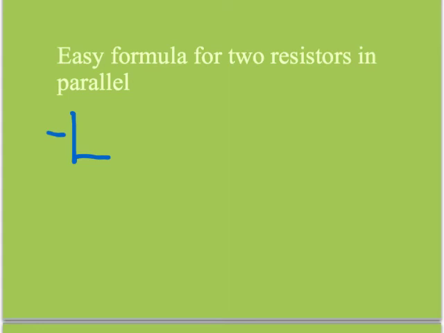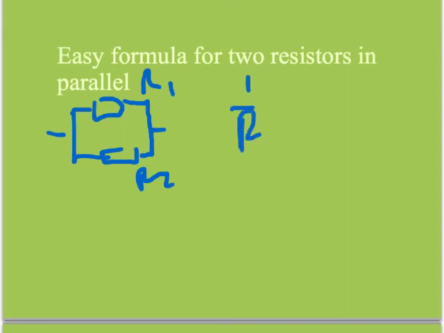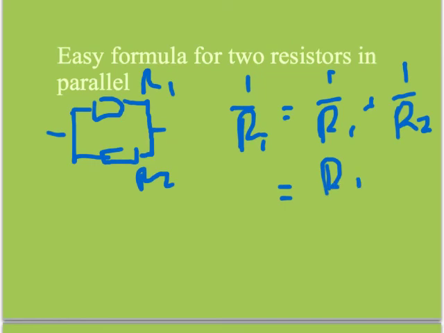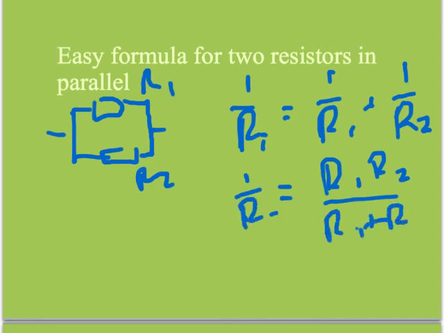If you had two resistors in parallel like that, R1, R2, you can easily say that 1 over R total is equal to 1 over R1 plus 1 over R2. Now if you cross multiply, you end up having R1 R2 divided by R1 plus R2, and that's what 1 over R total is equal to.